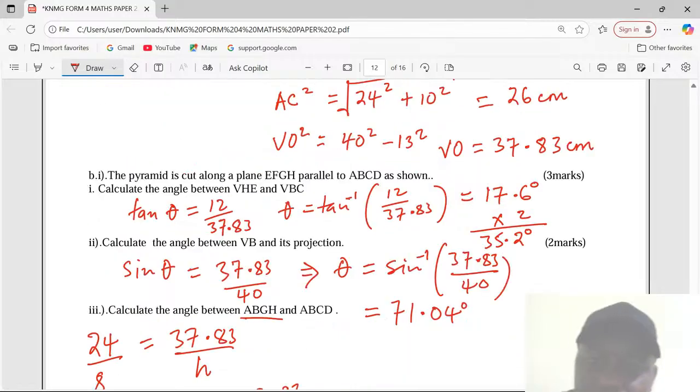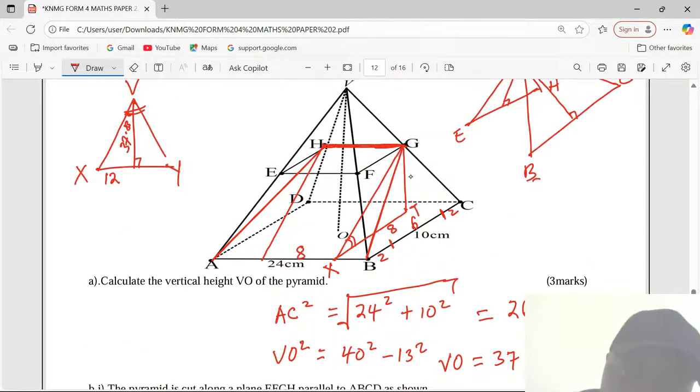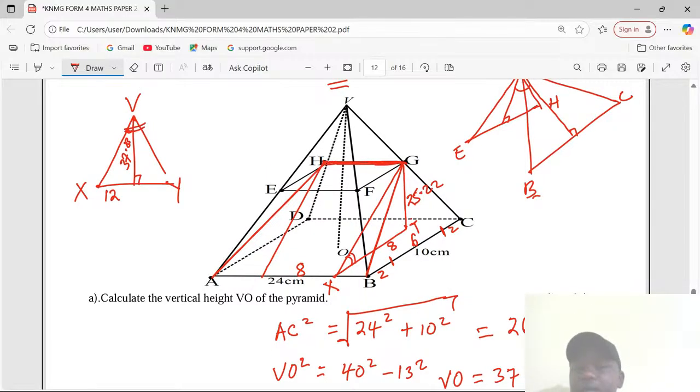So the height here is 25.22. The height from G to T, 25.22 up to the base. The height of the frustum that remained, 25.22, and we have said X to T is 8.